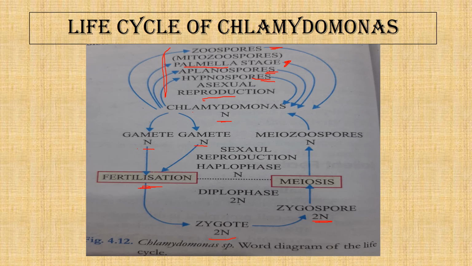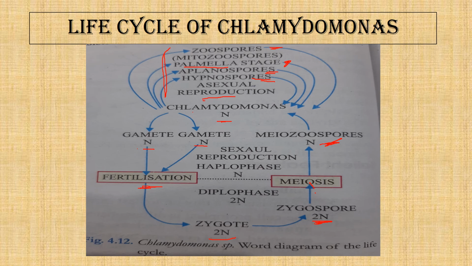So the gametes fuse to form the zygote, which loses its flagellation and develops a thick wall to form the zygospore, which can rest, and then they undergo meiosis, that is the reduction division, and after meiosis the meiozospores are produced, which are again haploid.